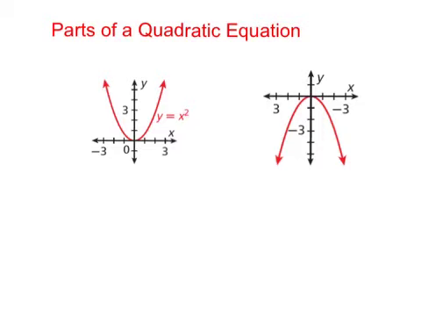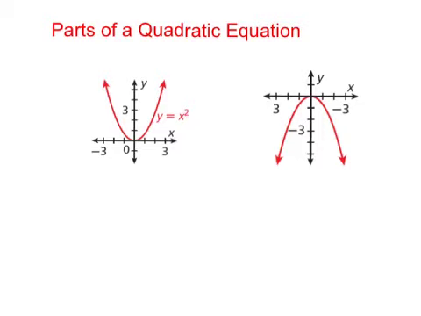Okay, so now we're going to go over a couple of these different parts as far as how we can identify a quadratic equation. I have two different types of quadratic equations. One kind of faces upward, and one looks like it's facing downward.